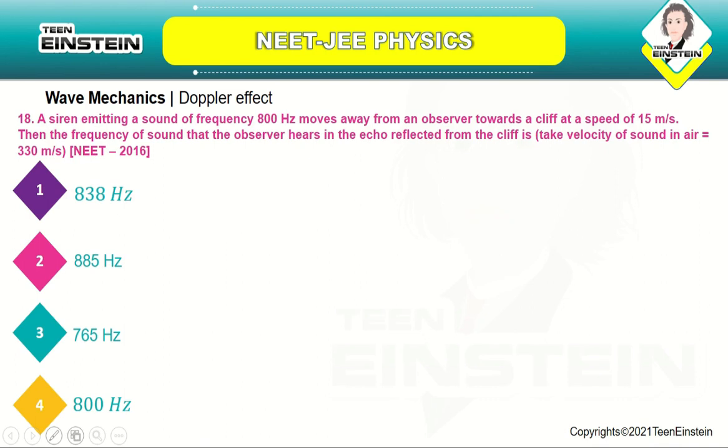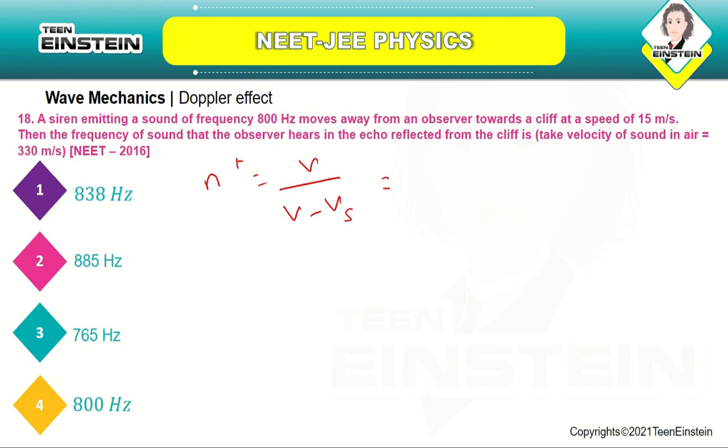So as the siren moves towards the cliff, the frequency of the sound incident on the cliff is given by n dash is equal to v by v minus vs into n.